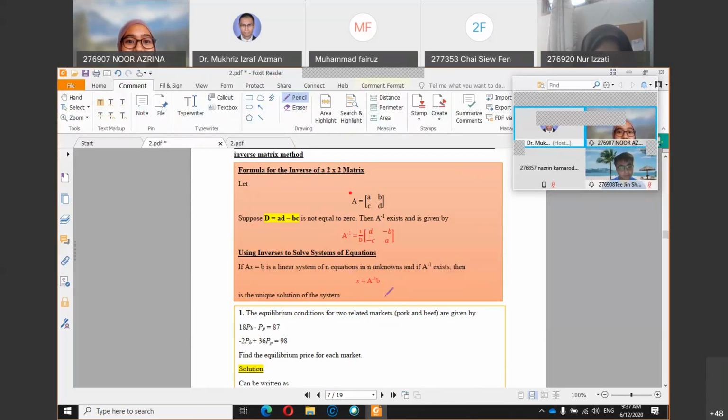When you want to solve for equations, X is the unknown here. So A multiplied by the matrix of X gives B, which is the solution. To solve for X, you bring A to the right, which is what the inverse sign is. So when you solve for X, matrix A is brought to the right, and that is what we call the inverse matrix.